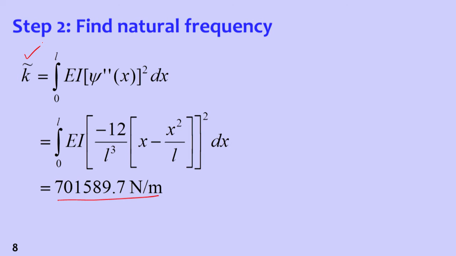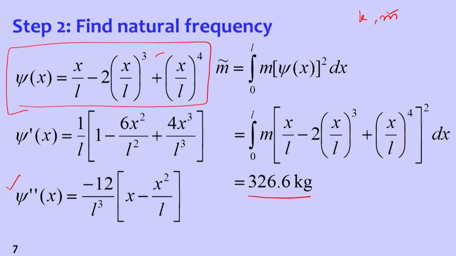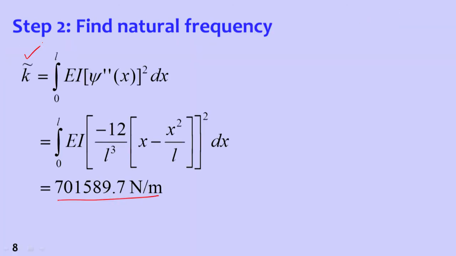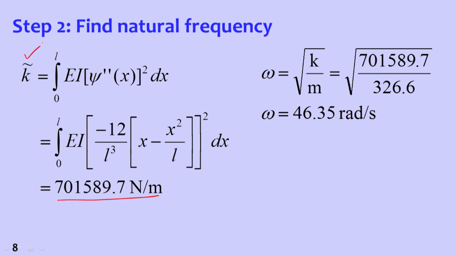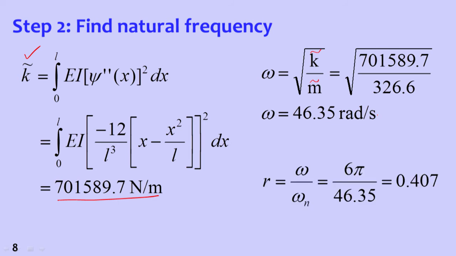So the generalized mass and generalized stiffness are calculated, and then omega is equal to under root k by m. We substitute the values of stiffness and mass and we get 46.35 radians per second. Then we get R, the frequency ratio, 6 pi divided by this one, which gives 0.407. That is the frequency ratio R.